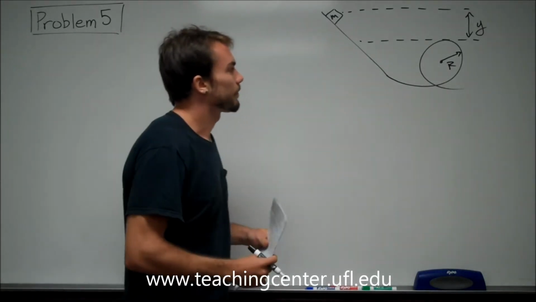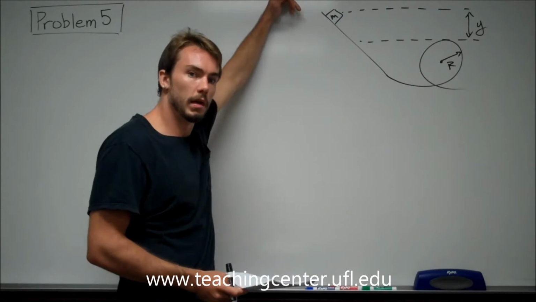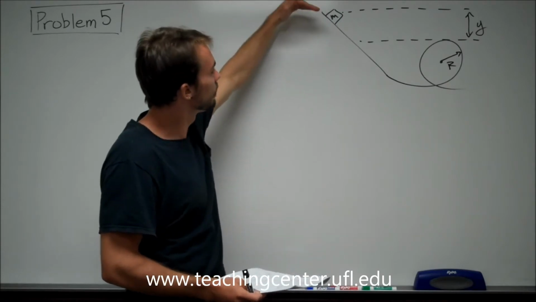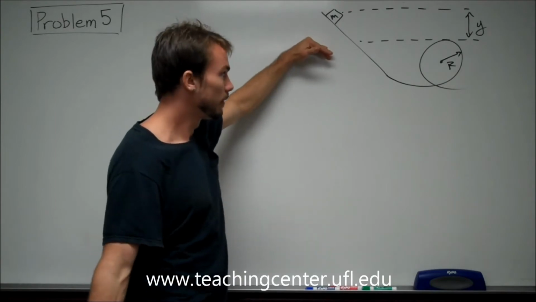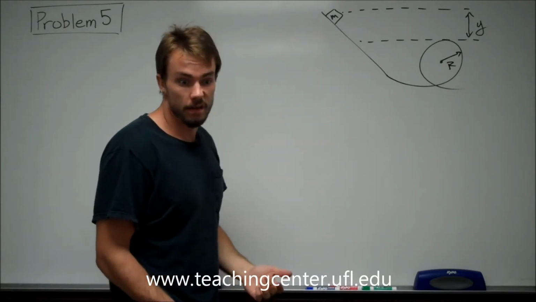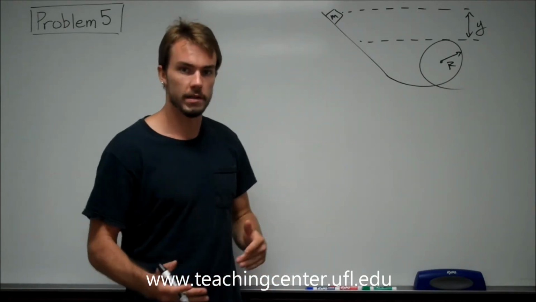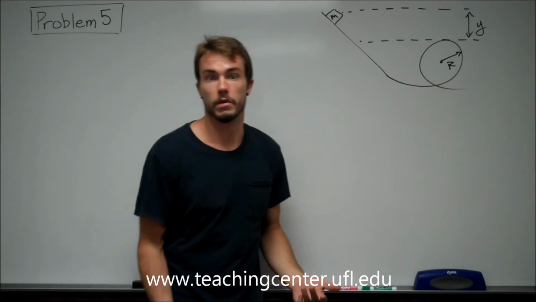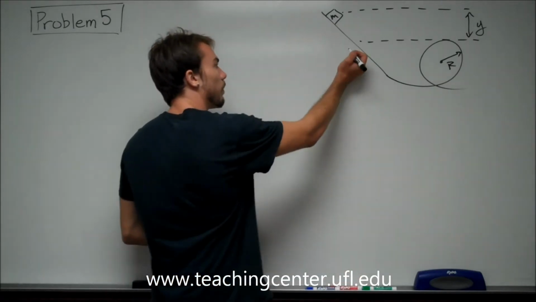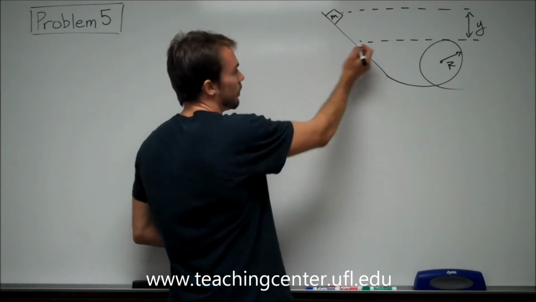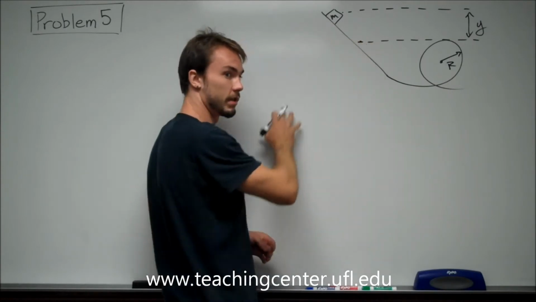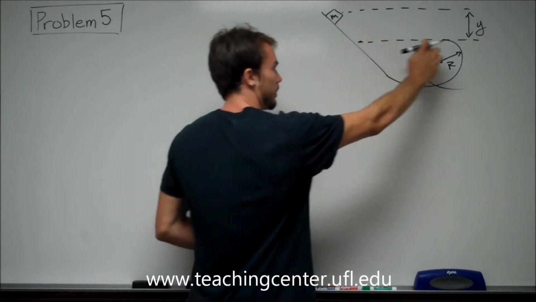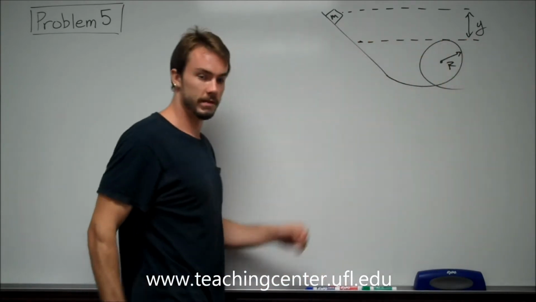To start off this problem, we know it's going to be an energy problem, because anytime you have a height that's turning into a velocity, or you're trying to calculate a velocity based on a height, or any relationship between those two, energy is always a good approach. Looking at our energy, I'm going to set our datum, where our potential energy is equal to 0, right at the top of the loop.